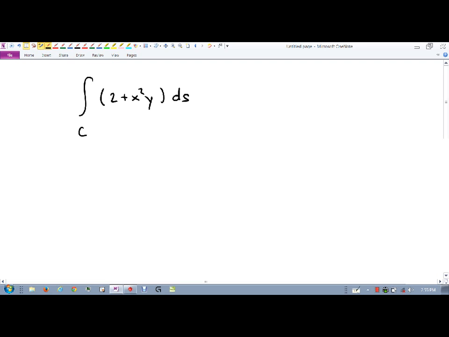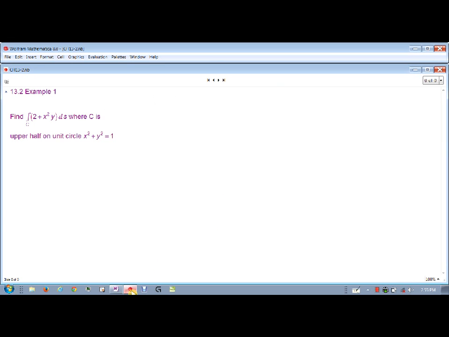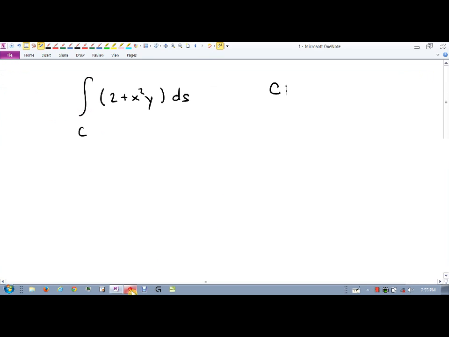We need dx and dy squared. But in order to do that, we have to find a parametric representation for the curve. What's our curve, C? It's the upper half of the unit circle. So here's a picture. 1, -1.